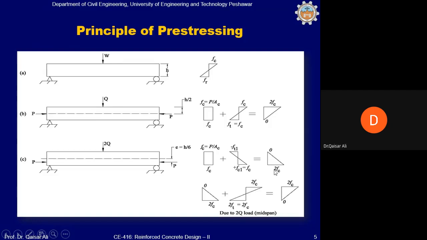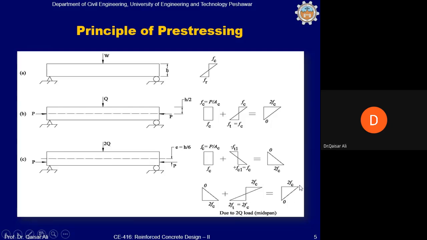Now, let's say we apply the load, 0 and 2Fc. At the midspan, this load 2Q will produce twice the stresses that were produced by Q alone, and 2Ft will be equal to 2Fc. So 2Fc plus 0 will be 2Fc, and 2Fc plus 2Ft will be 0.